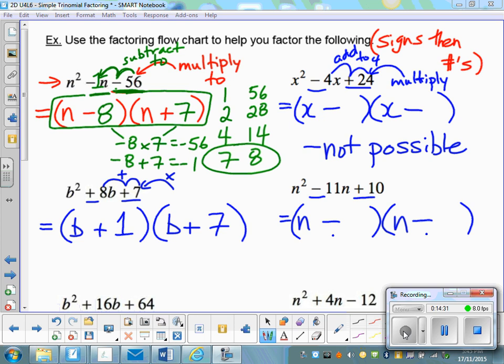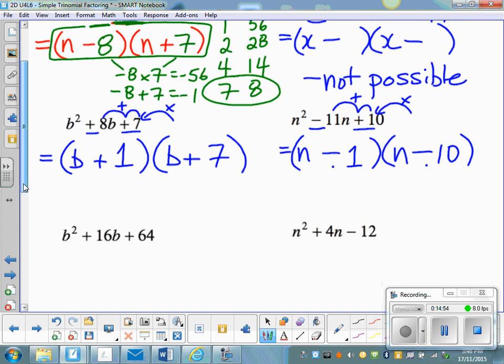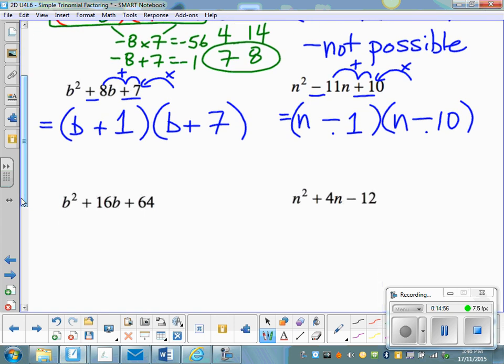So we are looking for two numbers that multiply to give 10 and add to give 11. All right? And in this case, it's going to be 1 and 10. The only other numbers that multiply to give 10 are 2 and 5. They don't add to give us 11, so it's going to be n minus 1 and n minus 10.